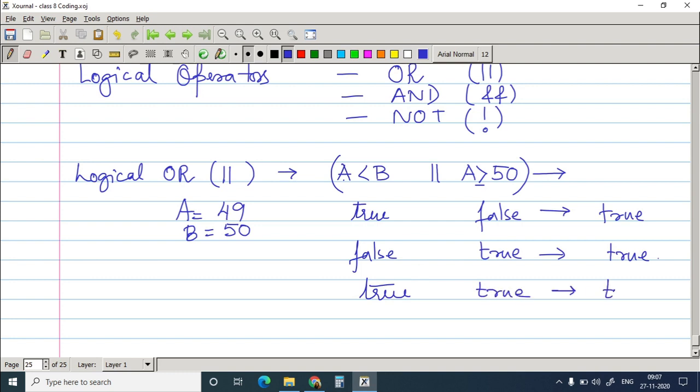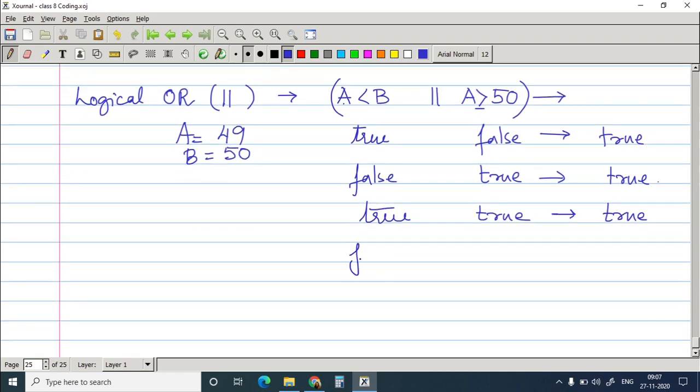But if both are false, then the final result will be false. So this is how the logical OR works. It compares one or more relational comparisons and gives you the answer.